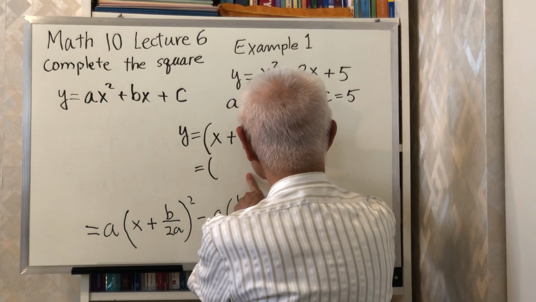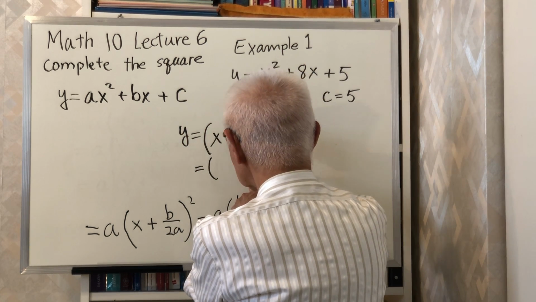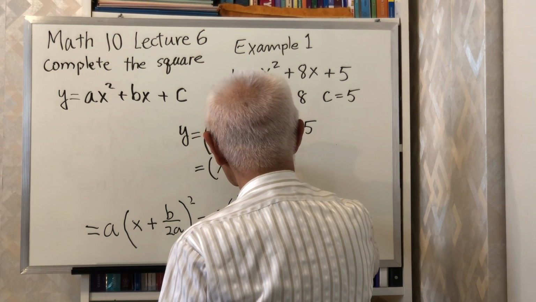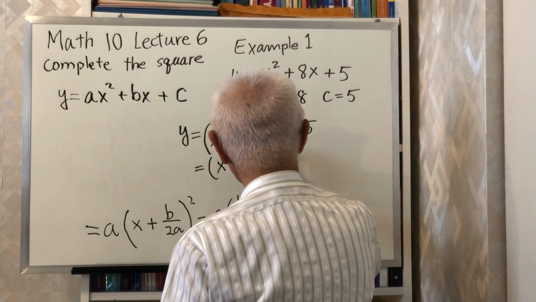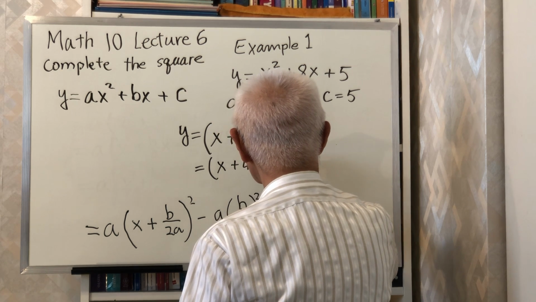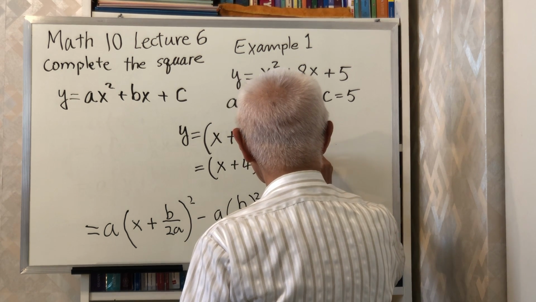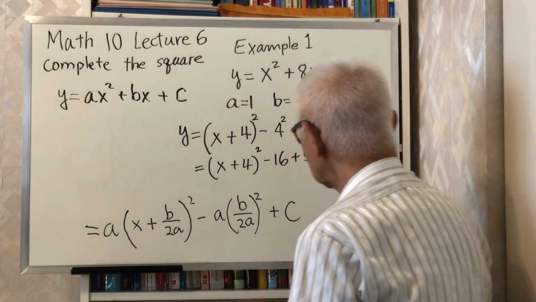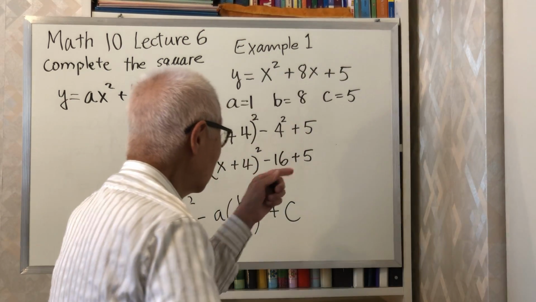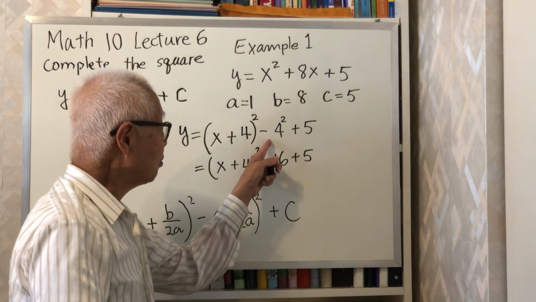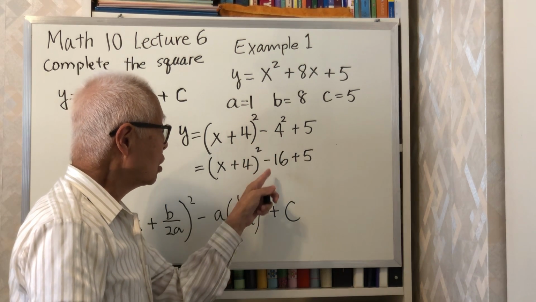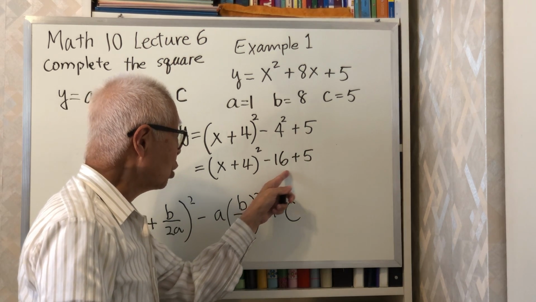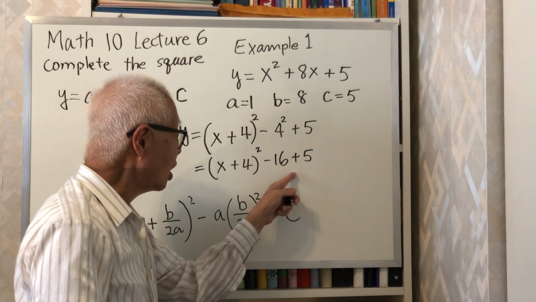Oh, I forgot the square here. I have minus 16 plus 5, which is minus 11.